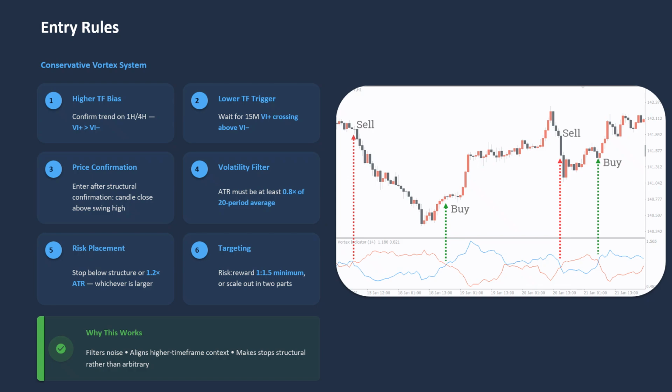Risk placement: stop below the nearest structure, swing low, or a percentage of ATR, whichever is larger. Targeting: aim for risk-reward of 1 to 1.5 minimum, or scale out in 2 parts. Why this helps? These rules filter noise, align higher time frame context, and make stops structural rather than arbitrary.